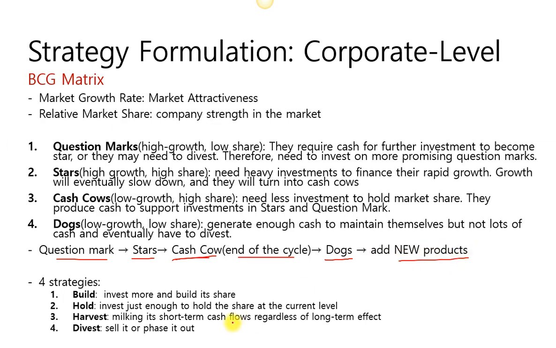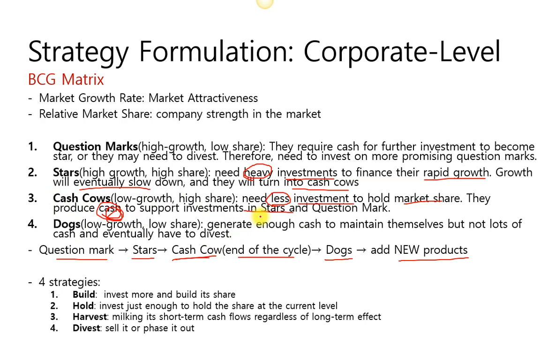Okay, I think I've gone through all this. If you're a star, you need heavy investment to finance rapid growth. But growth will eventually slow down and they'll turn into cash cows. Cash cows need less investment because you have a large market share. They produce cash to support the stars. So when you make money from cash cows, what do you have to do?